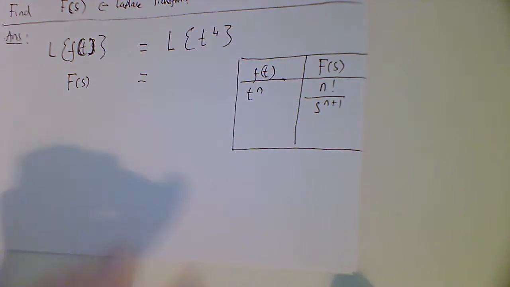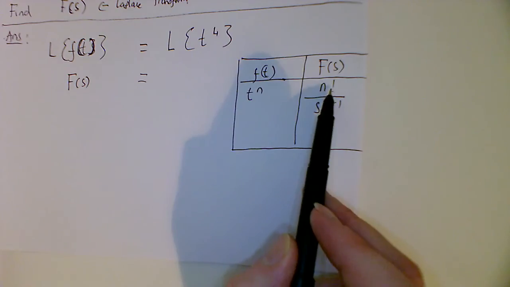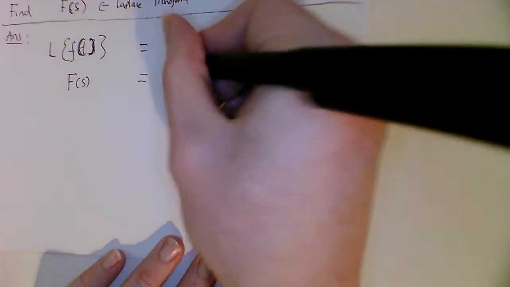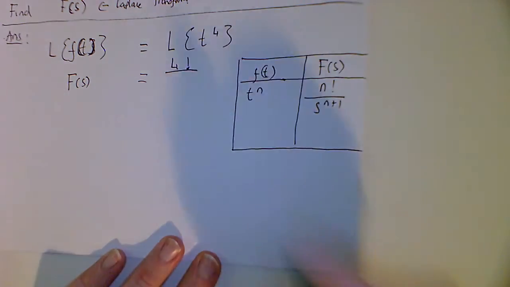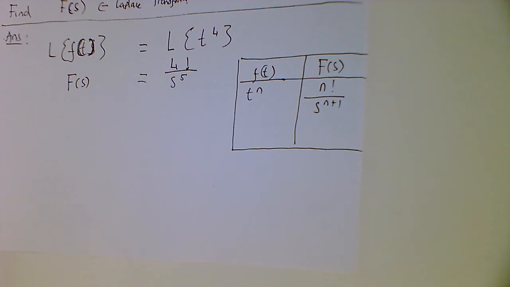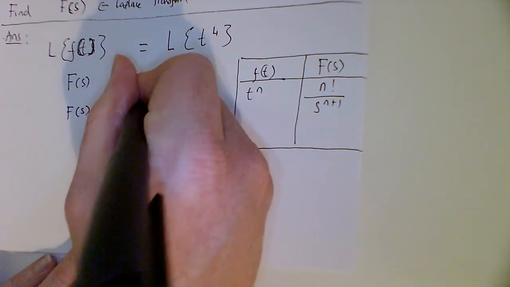I'm just writing that so you can see it. I don't have the power of n, I've got the power of 4. So that's going to be 4 factorial over s to the power of 5. As I said, we're already getting s's and 5's next to each other, but hey, just got to try and make them look different if we can.